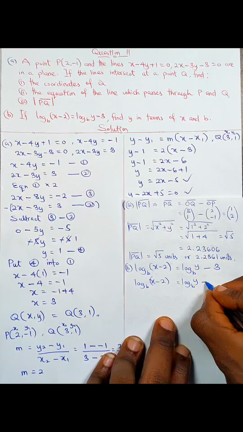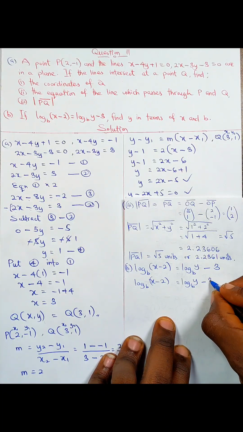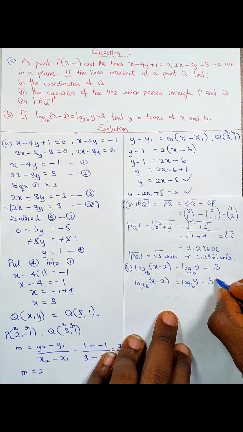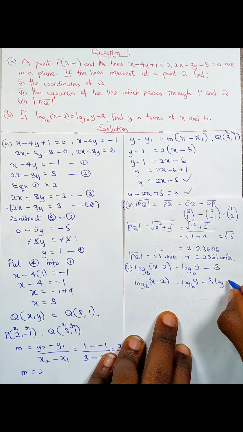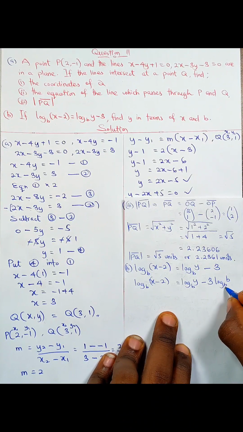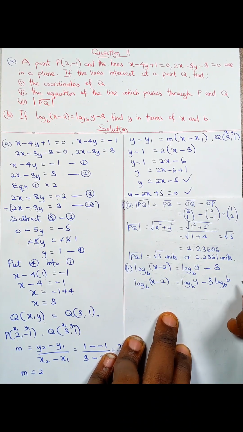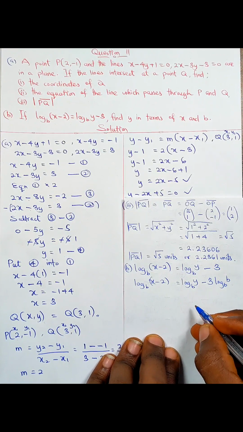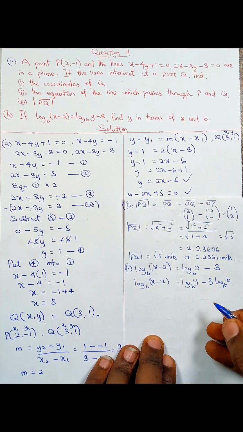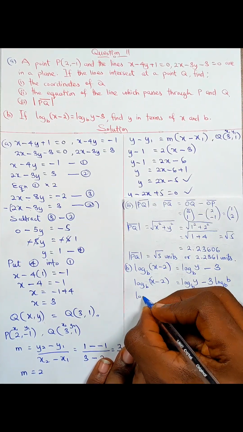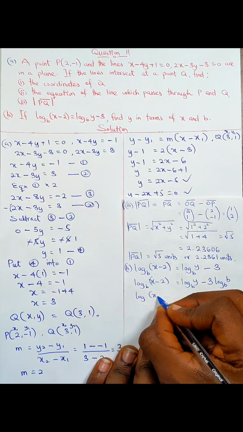So that gives us log y to the base b minus 3 log b to the base b. The log b to the base b will give us 1. Okay, that's very good.